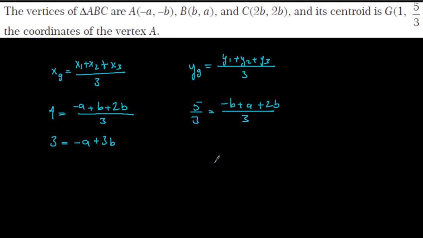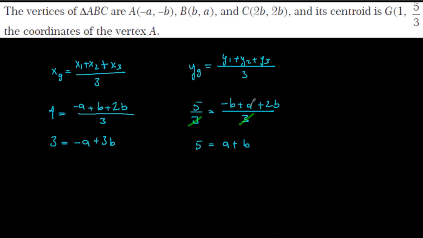Since the denominators on both sides are the same, we can simplify by using the fraction rules. I'm going to change the color. These two I'm going to simplify like this. Then 5 is equal to minus b plus a plus 2b, which is equal to a plus b.